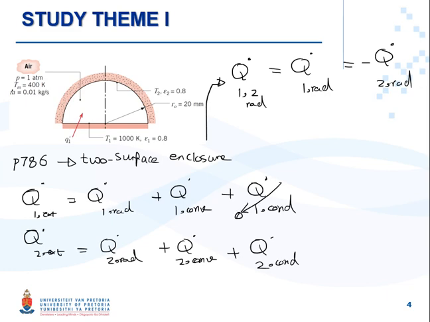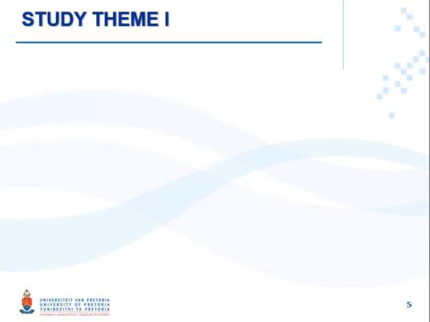Conduction, we didn't mention it in the question, so remove it. Surface 2 is well insulated, so q dot 2 ext is equal to 0. So basically now we have three correlations. From the two surface enclosure we have q dot 1 radiation is equal to minus q dot 2 radiation.